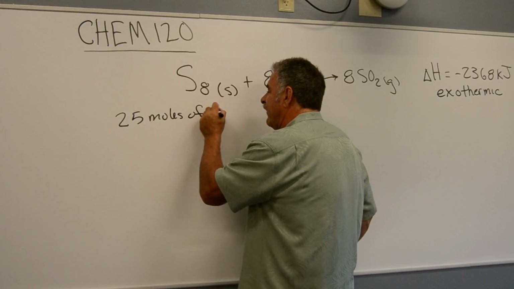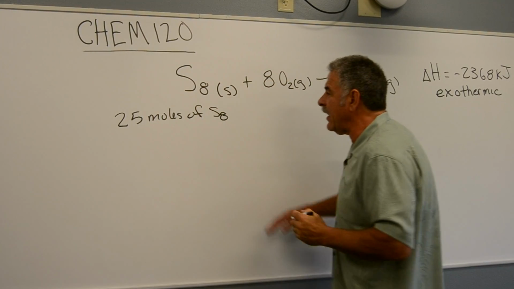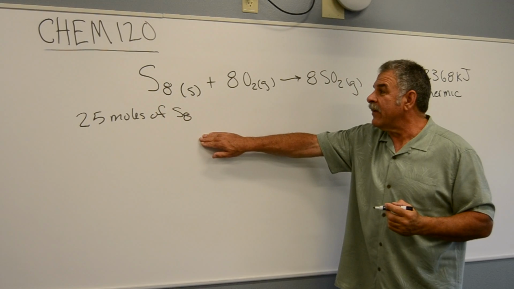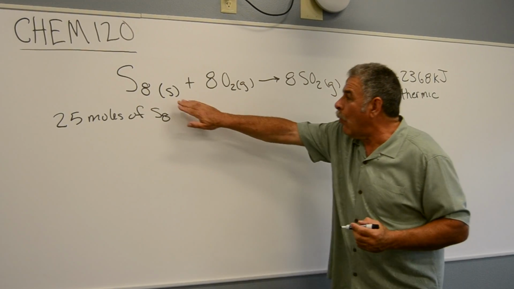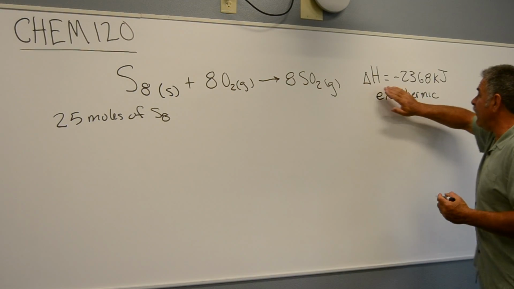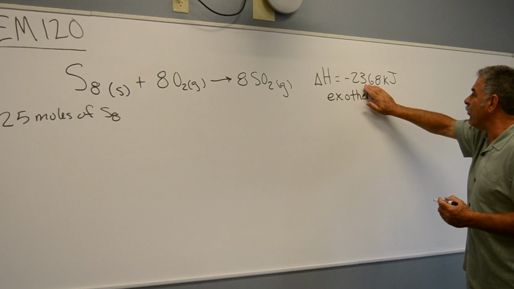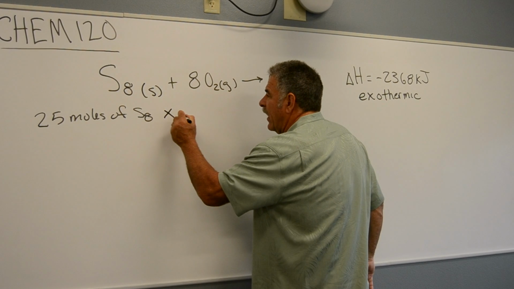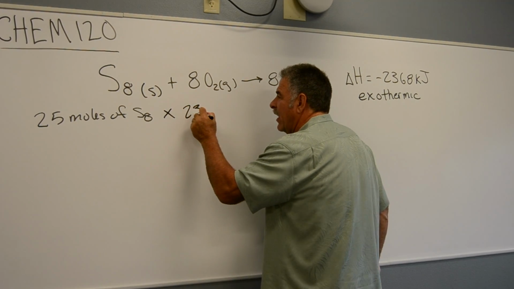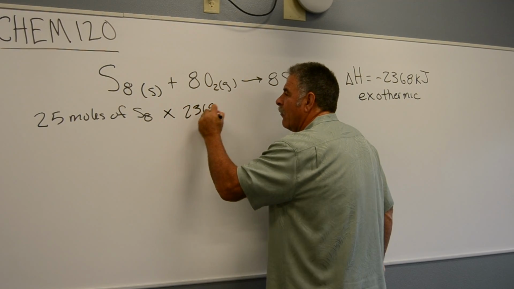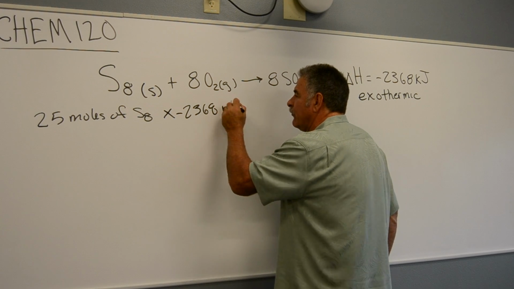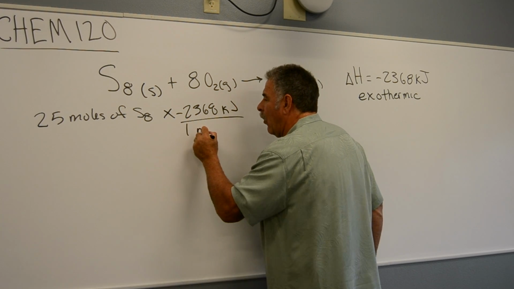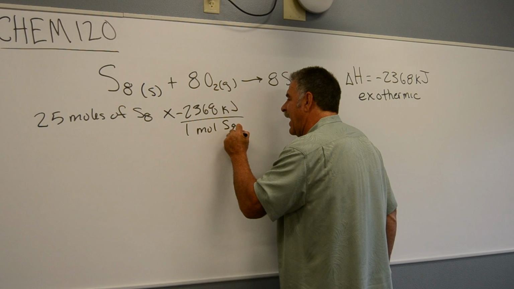of S8. We have 25 moles of S8, and we know that for every 1 mole of S8, we use 2368 kilojoules of energy. So, the relationship to find out how much energy that is, minus 2368 kilojoules per 1 mole S8.